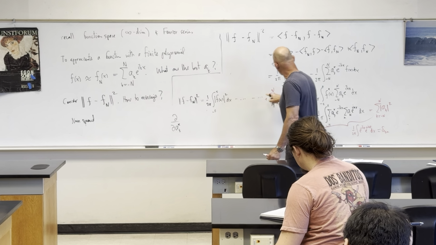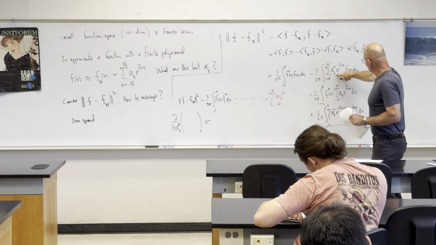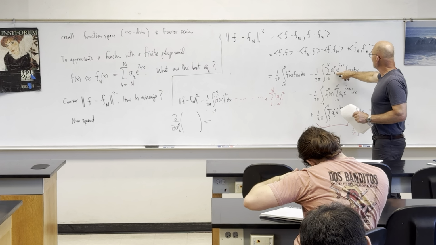In this expression, a sub k star only appears right here and right there. And when we differentiate with respect to that, we're picking off one of those terms in the integral.